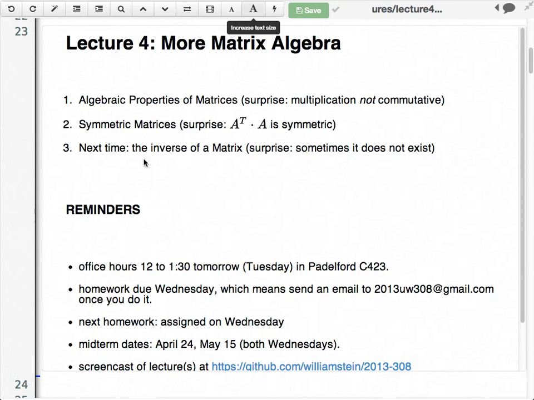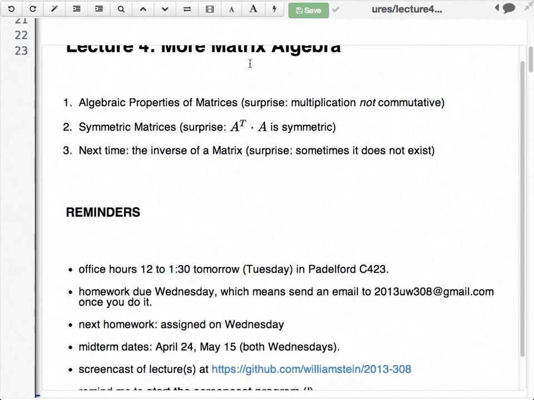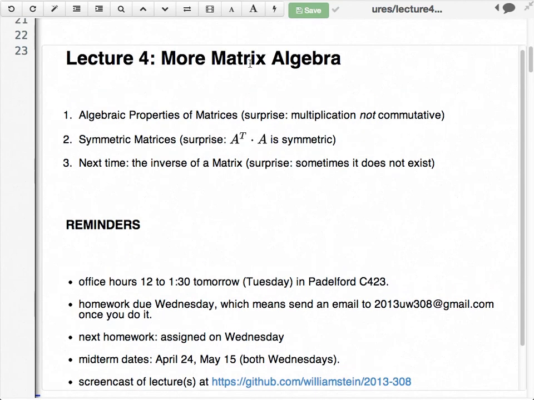All right, so what we're going to talk about today is more about matrix algebra. So some algebraic properties of matrices. For example, we'll talk about the distributive property, the associative property, the commutative property, and so on a little bit. And the surprise with matrix multiplication is it doesn't commute.